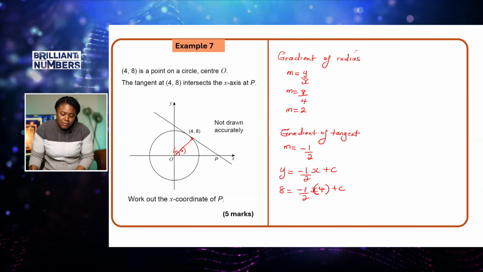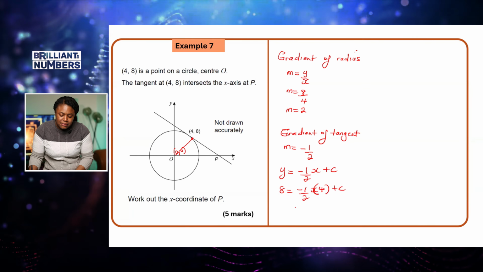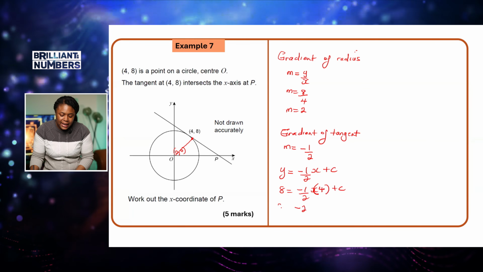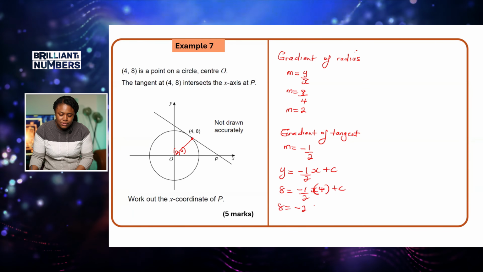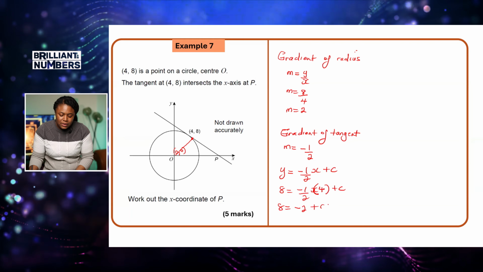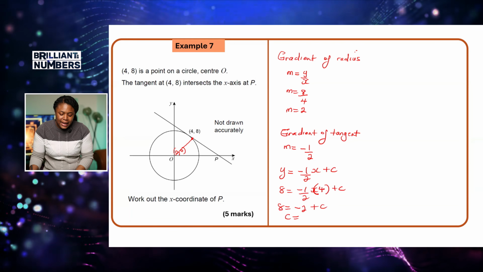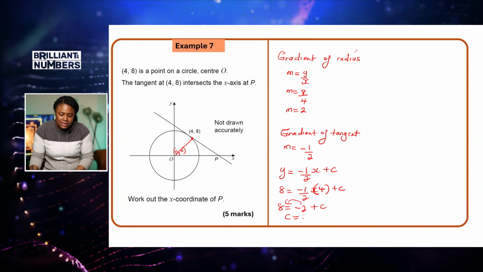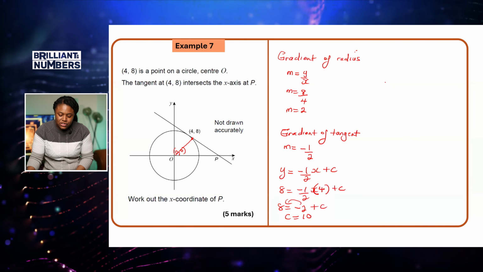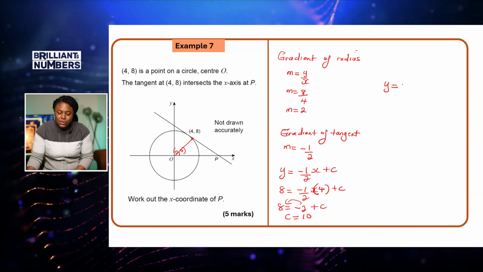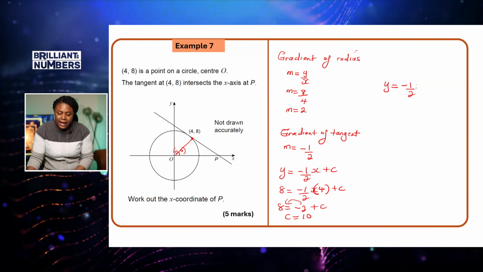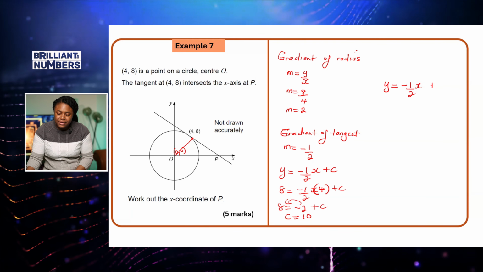So -4 divided by 2 is -2. So 8 is equal to -2 plus c. So therefore, c is equal to 8 add 2, which is 10. So the total equation here is y equal to -1/2 x plus 10.